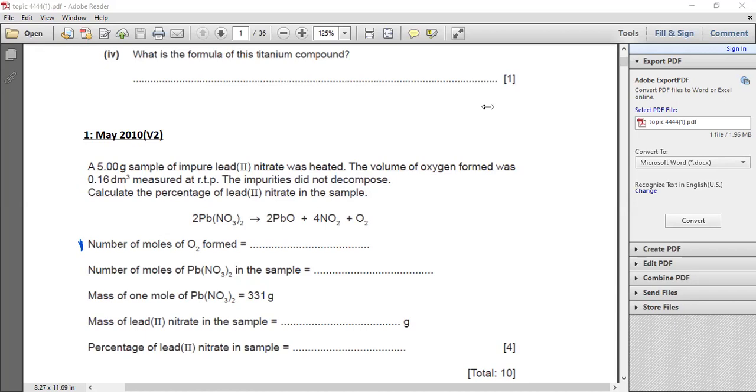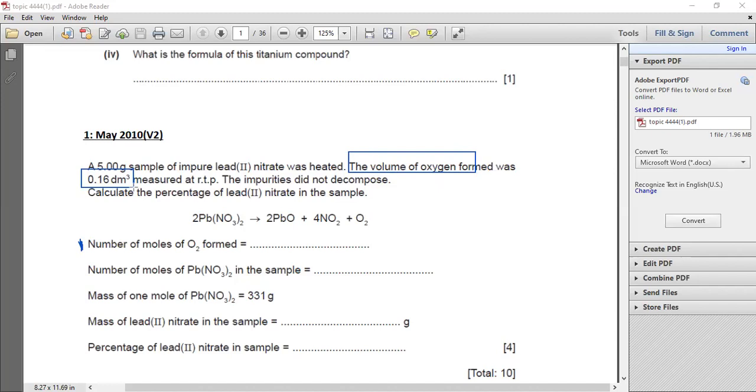Okay, guys. First of all, I will check in the question. I have here the volume of oxygen is 0.16 and it's already given in cubic decimeter, so it's already done for you.